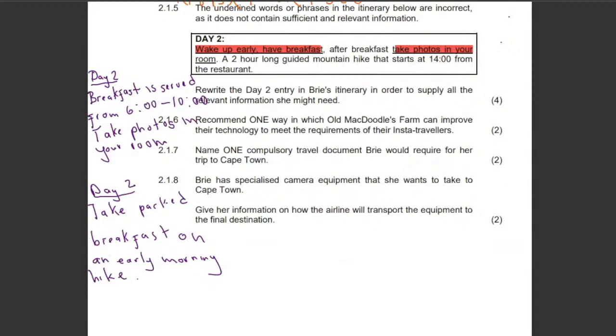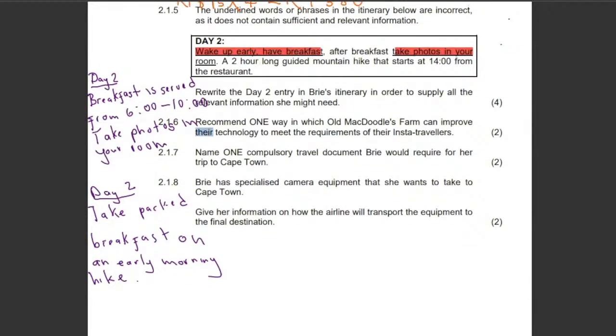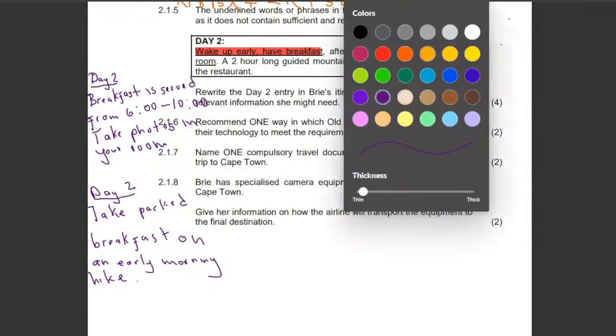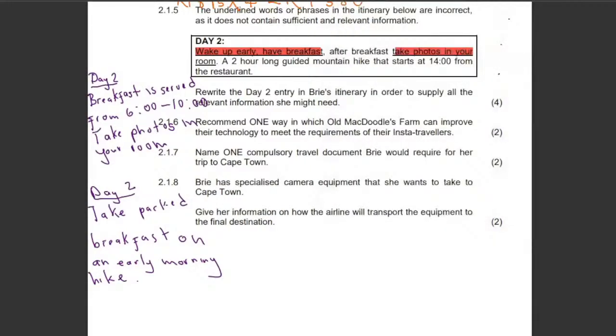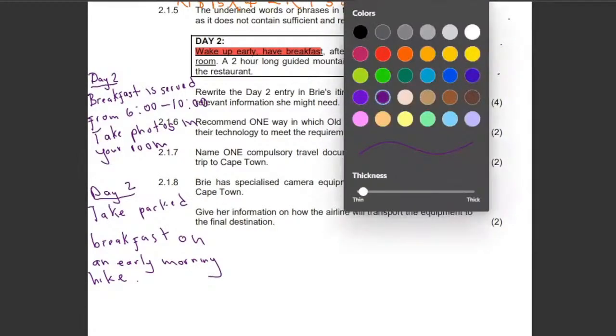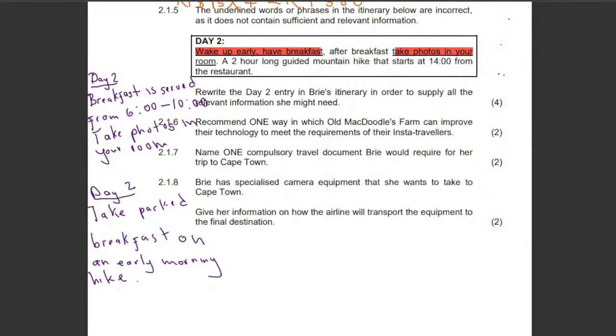Since she relies on the internet, you can recommend to improve the signal quality of the Wi-Fi.